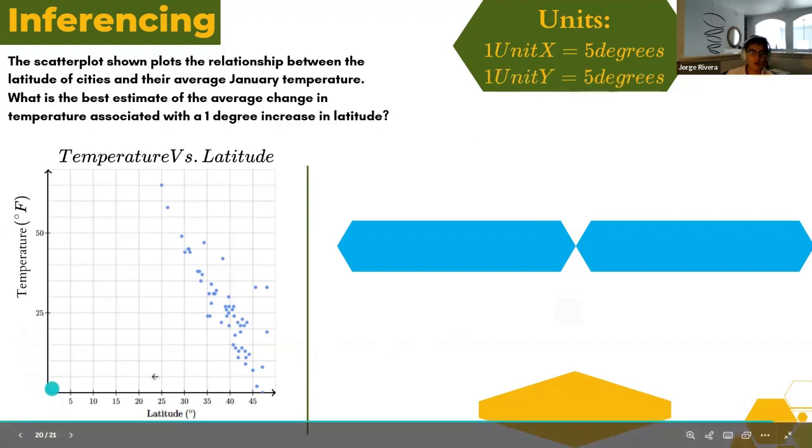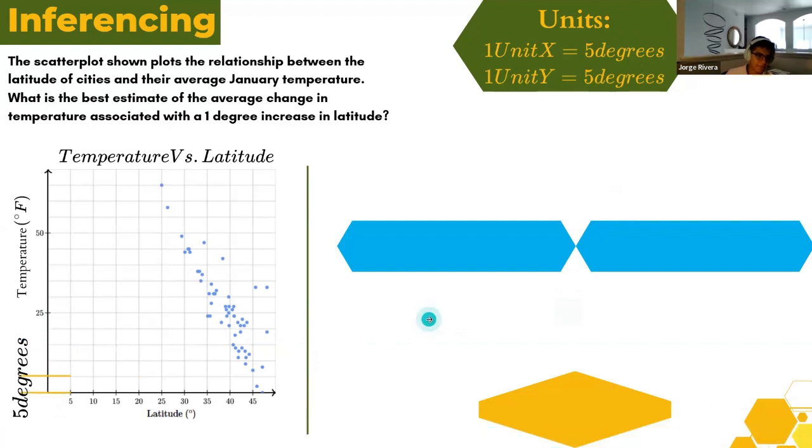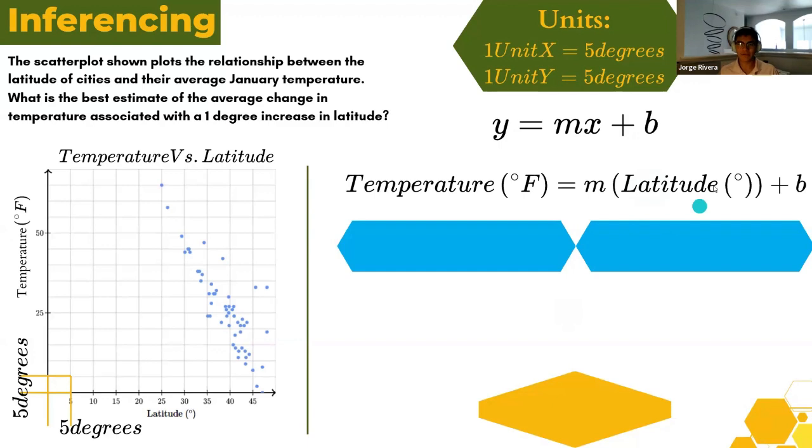So this is basically just 1-to-1 on the units, right? It's 5 degrees here and 5 degrees over here. So y equals mx plus c. This is just a basic slope equation, right? And so we can apply it over here.